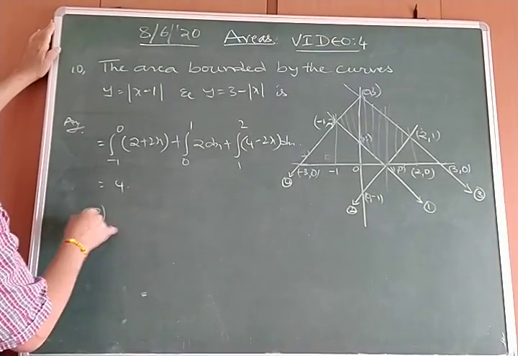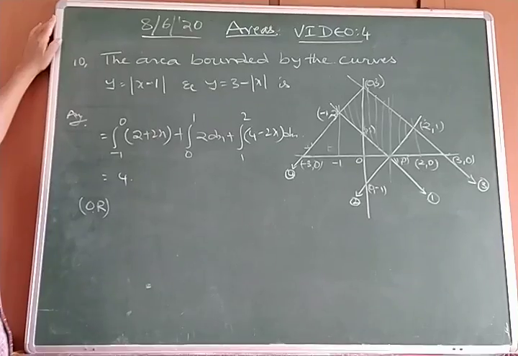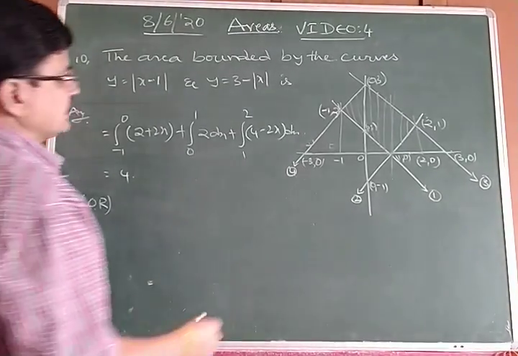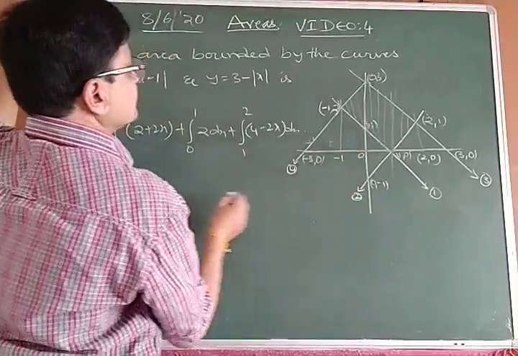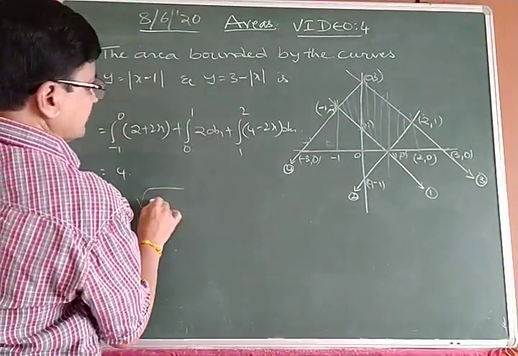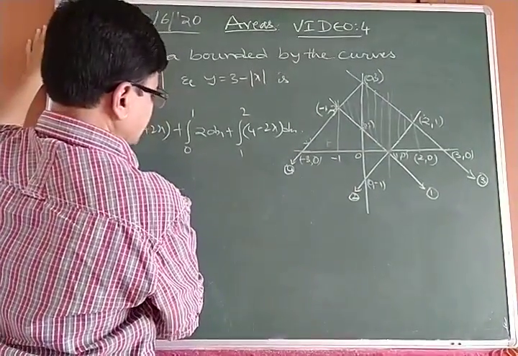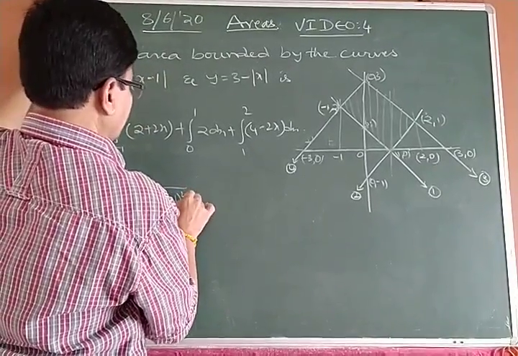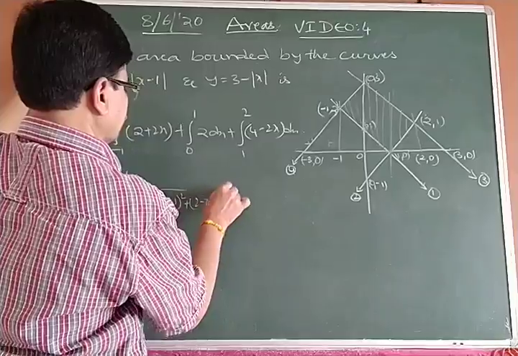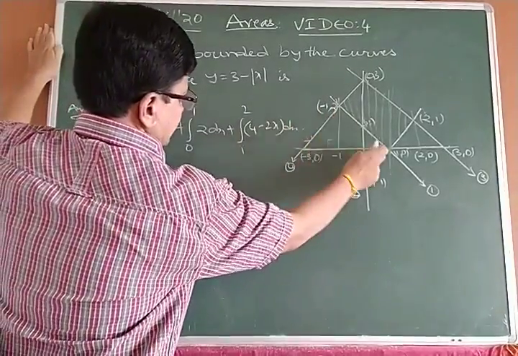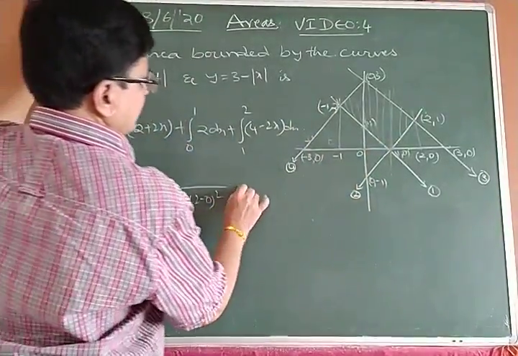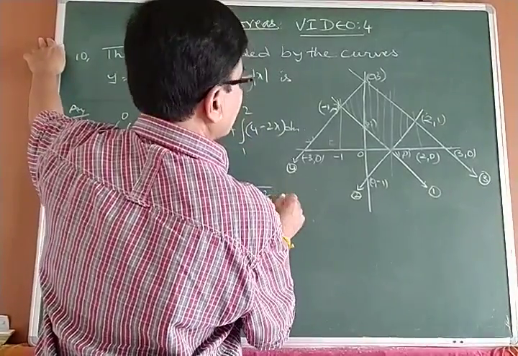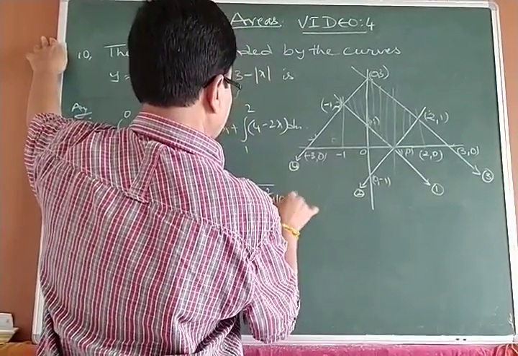Or otherwise we find the area of the rectangle, base into height. Here the base is the square root of minus 1 whole square plus 2 minus 0 whole square, the length of this side, into the height, the square root of 1 minus 2 whole square plus 0 minus 1 whole square.